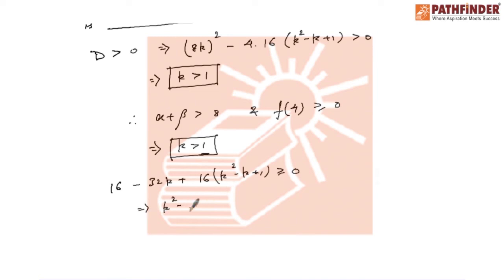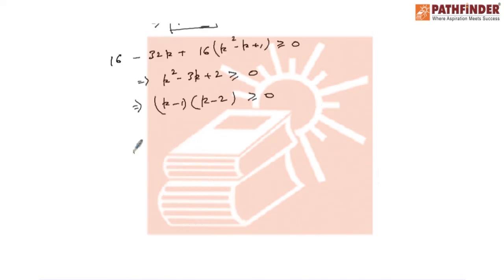This gives us k²−3k+2≥0, which gives us (k−1)(k−2)≥0. This implies that k belongs to (−∞,1] ∪ [2,∞).